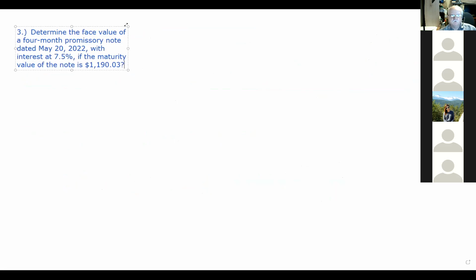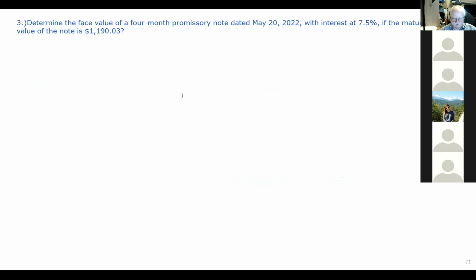Okay, so let's look at question number 3. Now what they've done is they want us to find the face value, which on a promissory note is the present value.